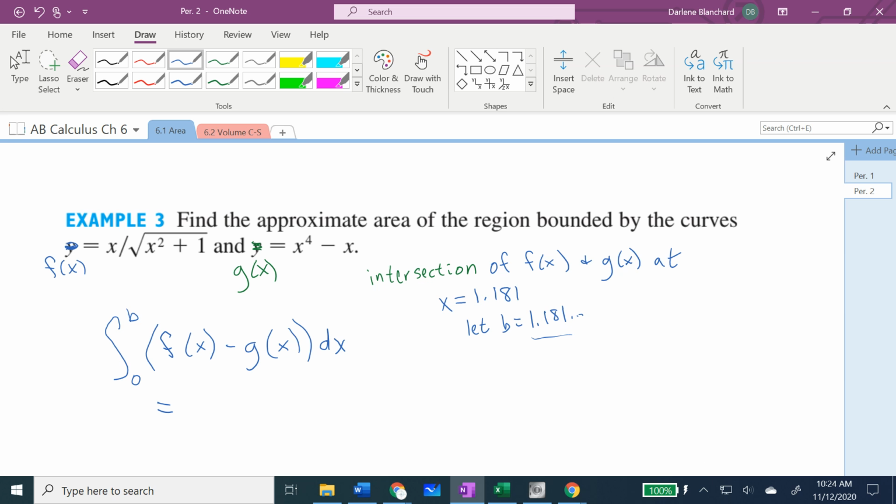And you're done. So how can you do this in your calculator? You can do it from your home menu or your graph menu. If you do it from the home menu, you don't have to worry about the window of your graph.